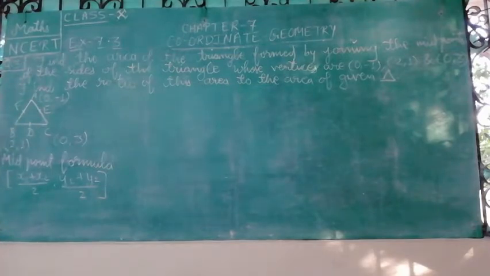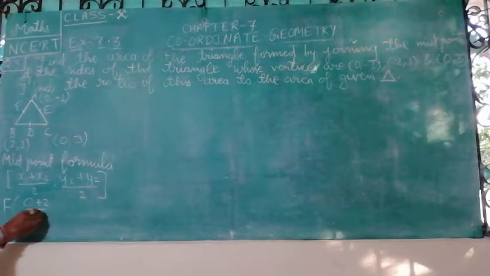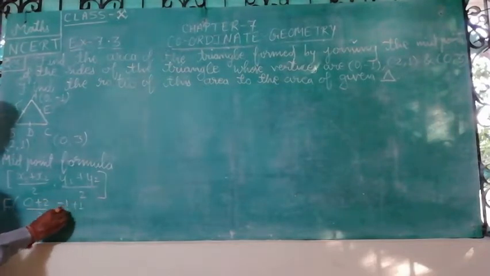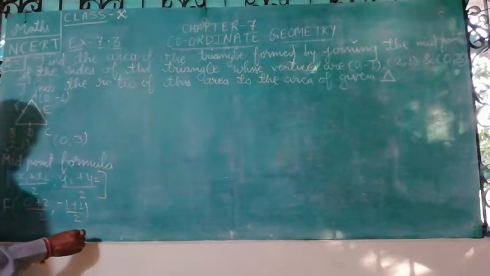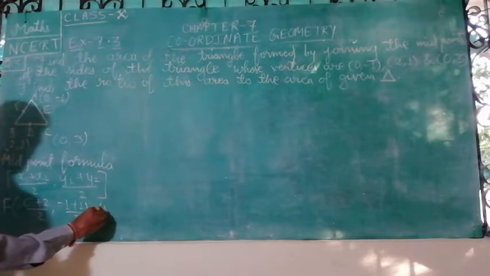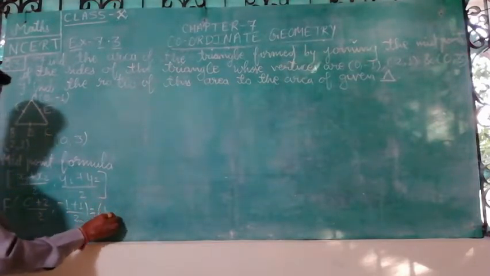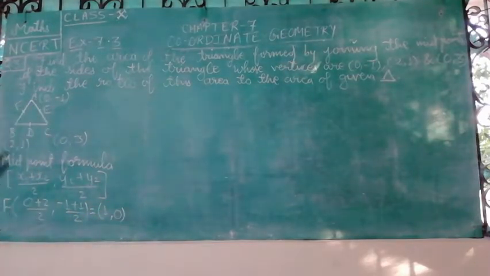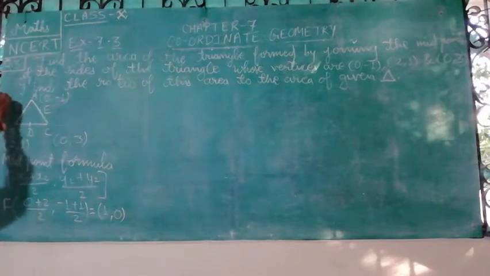We are finding the coordinates of F. It is (0 + 2)/2, comma, (-1 + 1)/2. So it will be 2/2, that is 1, comma, 0. These are the coordinates of F. We may write it here, (1, 0).